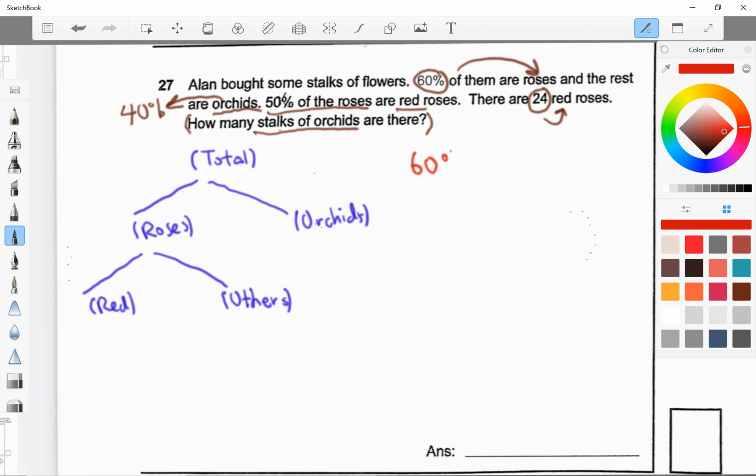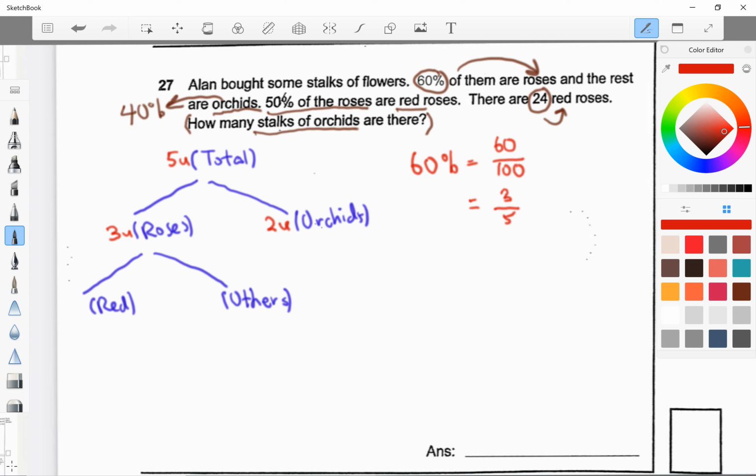So 60% is 60 out of 100, and in the simplest form, it will be 3/5. This means the denominator 5 refers to the total 5 units, numerator 3 will be roses, and if the total flowers are 5 units and roses 3 units, this naturally means the orchids has got to be 2 units.